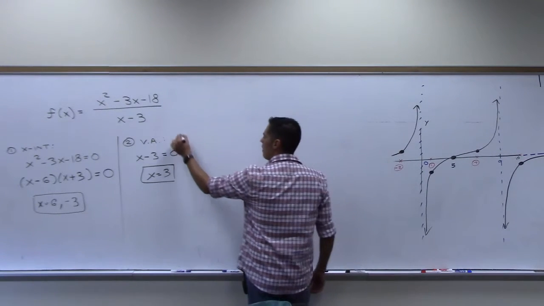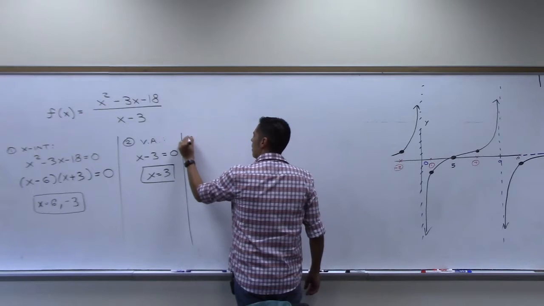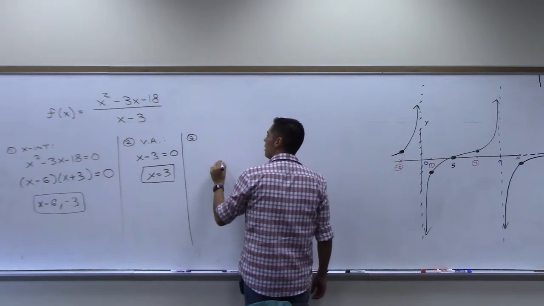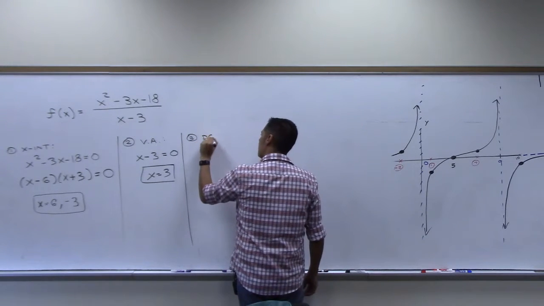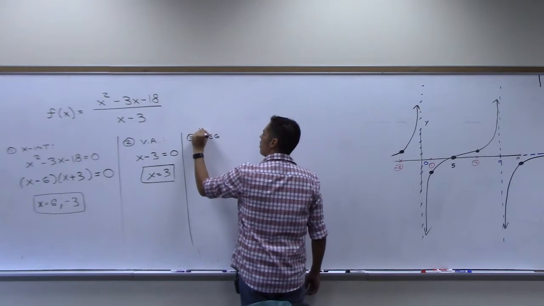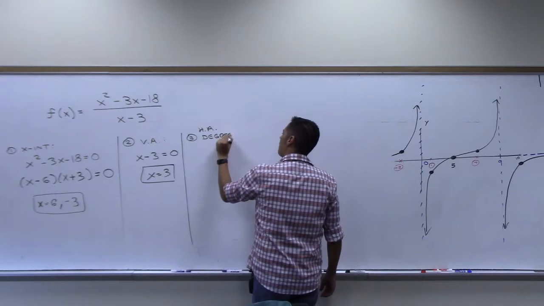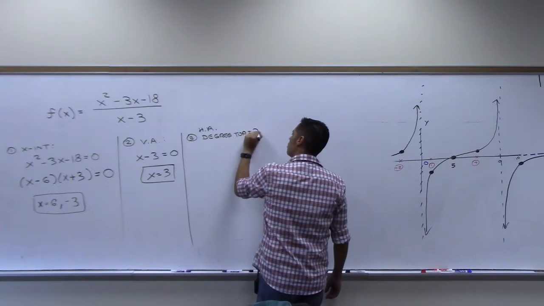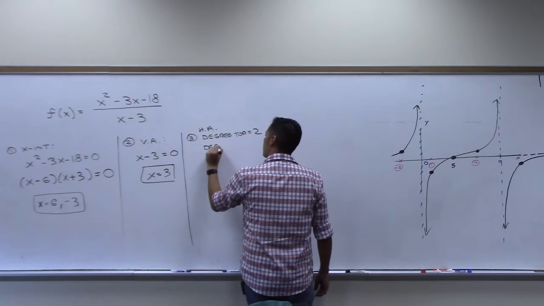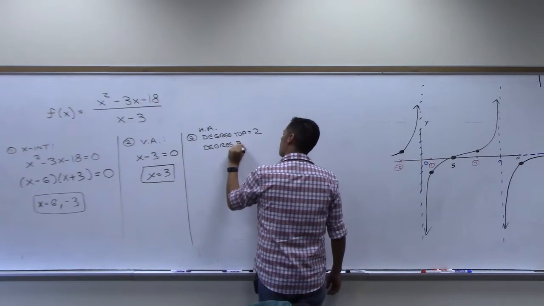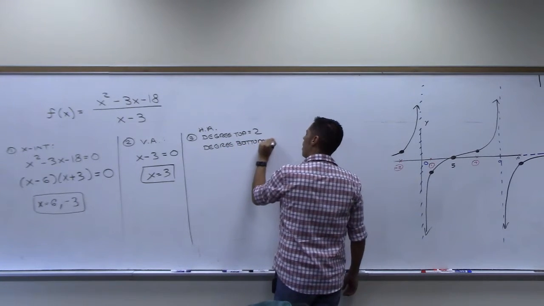The third step is to look at the degree of the top and the bottom. So what's the degree? I'm getting the horizontal asymptote. The degree of the top here is 2. The degree of the bottom is 1.